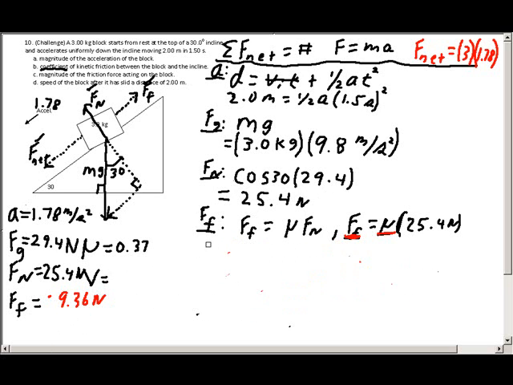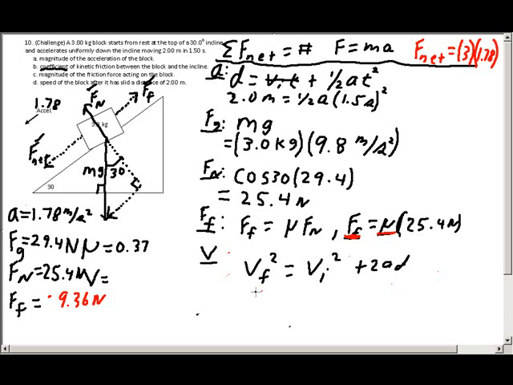Now I'm going to take a moment here, erase some of this, so we have more work space. Right, a little bit cleaner now. So we are now in a position to finally solve for the ending velocity. Now, the ending velocity is going to be equal to the final velocity squared equals the initial velocity squared plus 2AD.